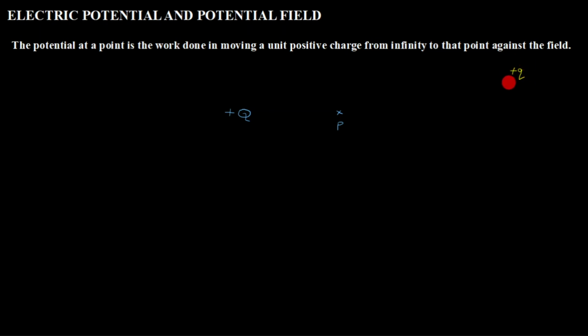For explanation purpose, let me notate it as plus q. We know that a unit charge means the magnitude is 1. So, plus 1 it is. I will indicate it as plus q, small q, indicating that it is a positive unit charge, and this positive unit charge should be kept at some point which is infinity.